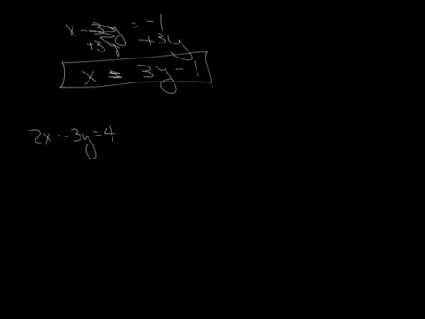So now, whenever I see an x in the second equation, I'm going to put 3y minus 1 in its place. So then I've got a y here and a y here. I don't have any x's. So I'm going to change that to 2 times 3y minus 1 minus the 3y that I already have. Then I'm going to distribute.